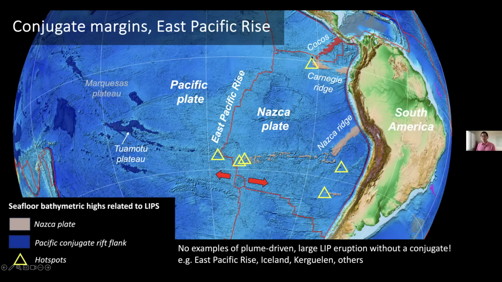Another example right here is the Galapagos hotspot. And here you can see again that they don't look exactly the same, but we can see LIP type of material, or buoyant material, on both sides of the spreading ridge. And importantly as well, in the East Pacific Rise, it looks like these plume-driven areas often show asymmetric spreading.